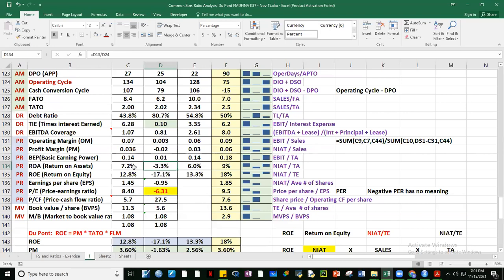Ibig sabihin nun, guys, for every peso of total asset, lugi tayo ng 3.3 centavos. Okay, so nalulugi yung company noong 2020 every peso of assets.